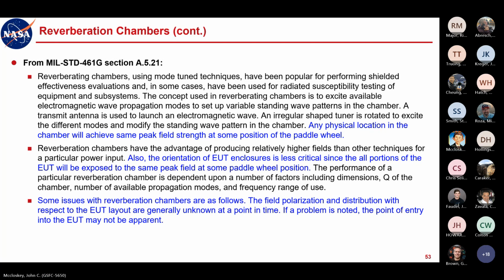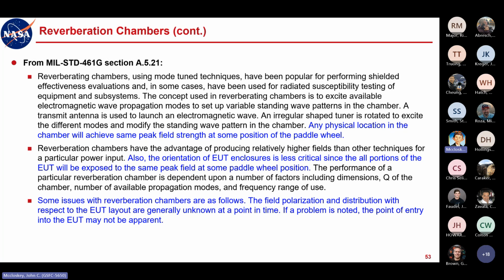But this is my last chart, so I'll just read this stuff and then open it up for questions and discussion. A couple of the advantages, just reading what I highlighted in blue: Any physical location in the chamber will achieve the same peak field strength at some position of the paddle wheel.